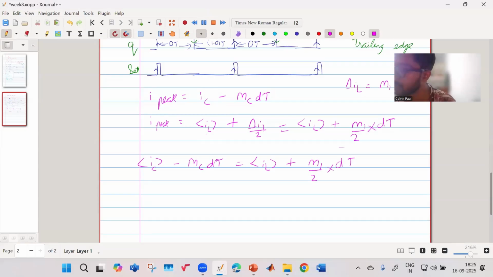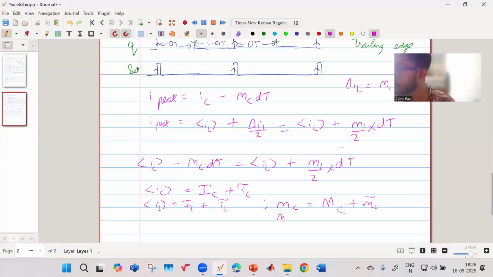So what we do is we add perturbations: IC plus IC tilde, IL is equal to IL plus IL tilde. MC, also you can write it should be small mc, equal to capital MC plus MC tilde.